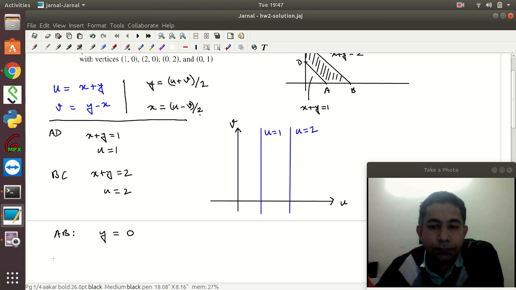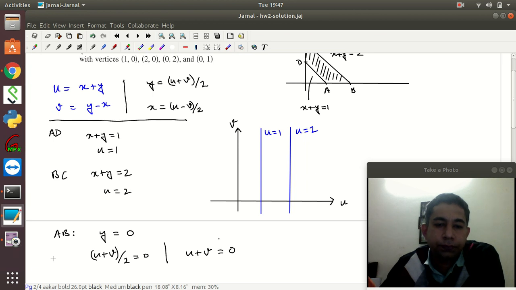Alright, so the line AB, which is a part of the line y is equal to 0, should become, in the uv coordinates, u plus v over 2 equal to 0, which should be the same as u plus v is equal to 0.